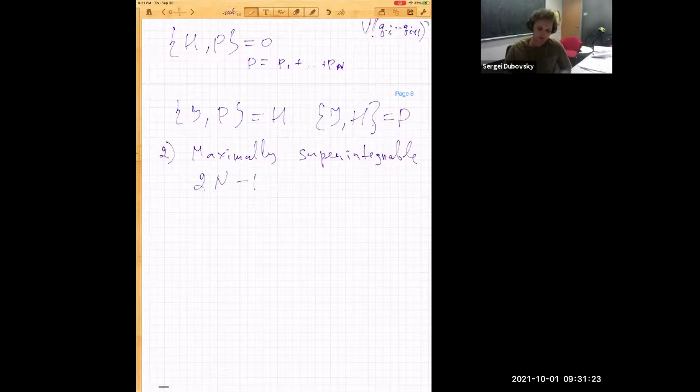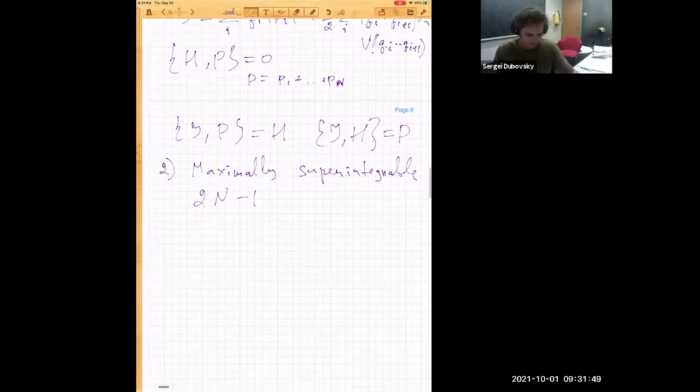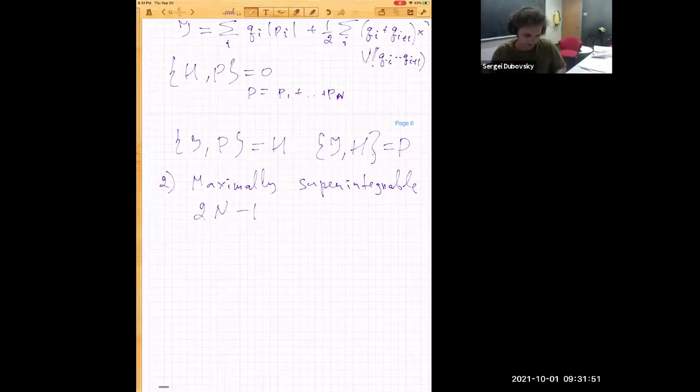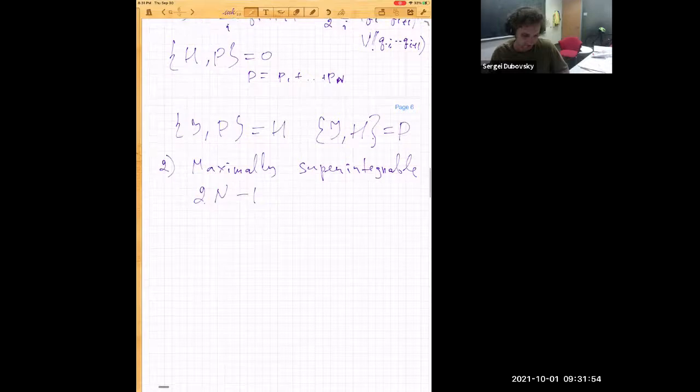So if I have a 2n dimensional phase space, the maximal possible number is 2n minus 1, which means that every trajectory in the phase space is fixed by fixing the values of the conserved quantities. In particular, there is a subset of n of those which are in involution, so it's also Liouville integrable, but it's stronger than that. So let me sketch for you how this goes.